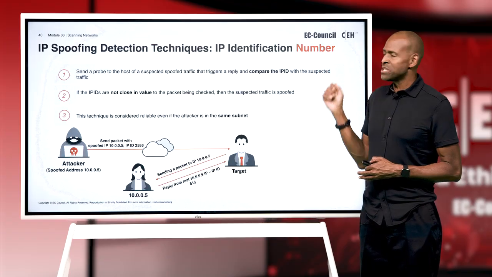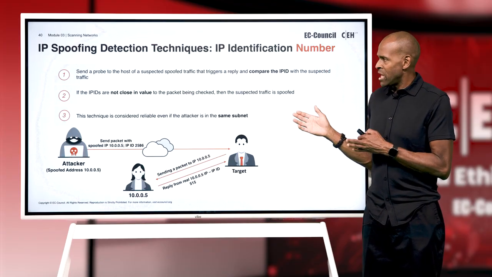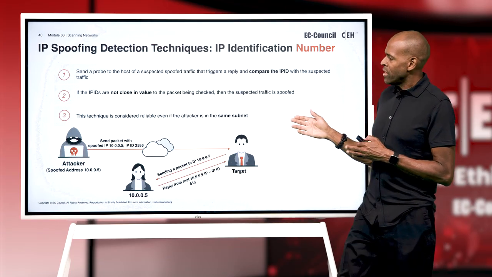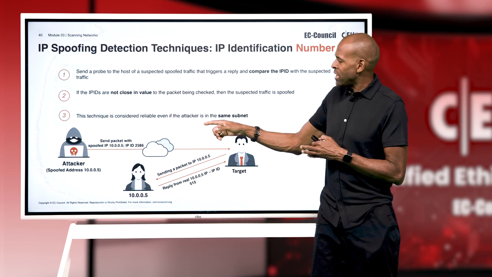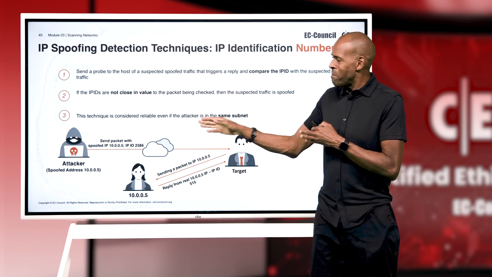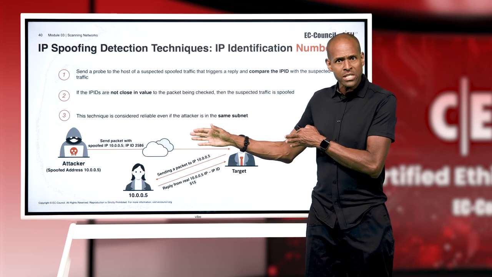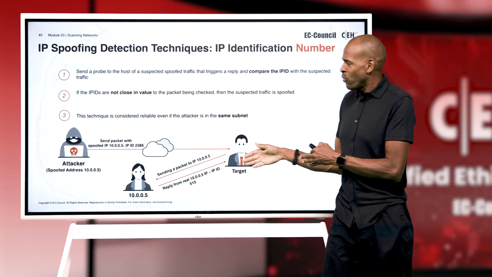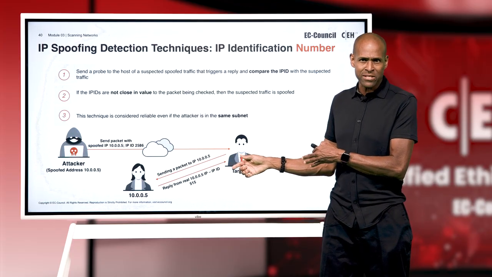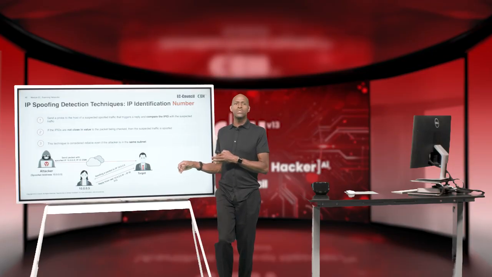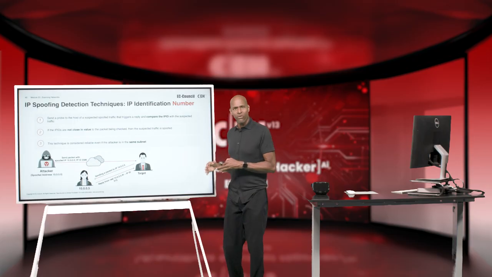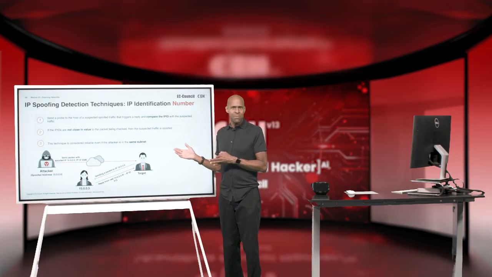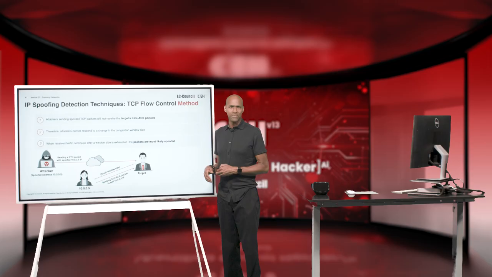This is the IP identification number. And again, the IP ID on the outside of the network is going to be massively different to what it is for the same IP address on the inside of the network. So if I can determine that differential, then I know that somebody is spoofing an IP ID.